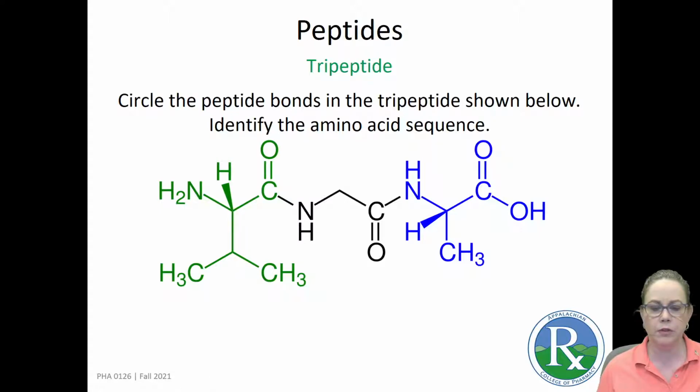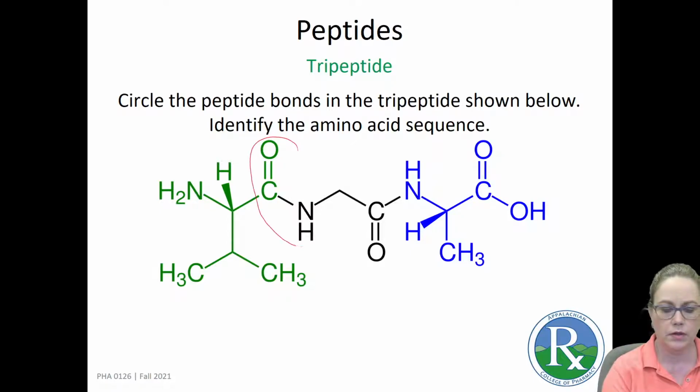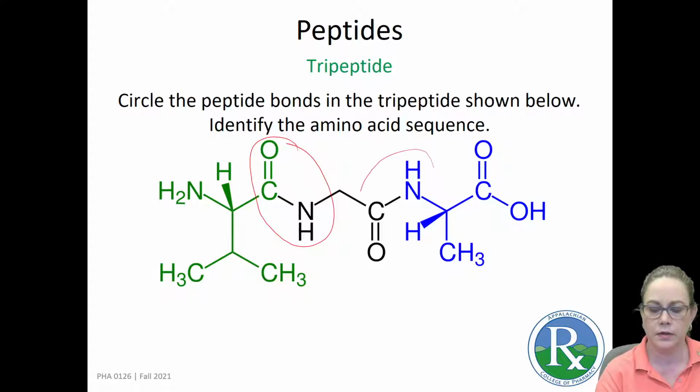Here we first want to circle the peptide bonds in the tripeptide. Since it's a tripeptide, we're going to have 2 peptide bonds. Our first peptide bond is there. That's our second peptide bond. Again, those are amide bonds along the backbone.